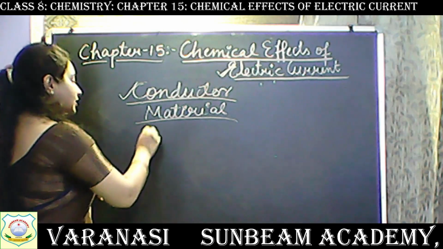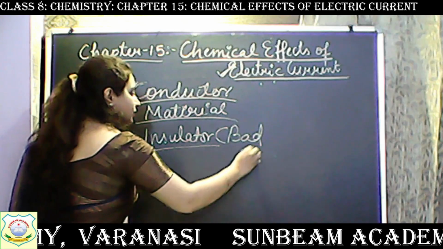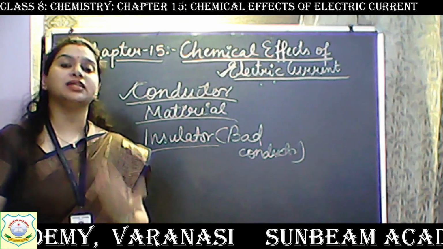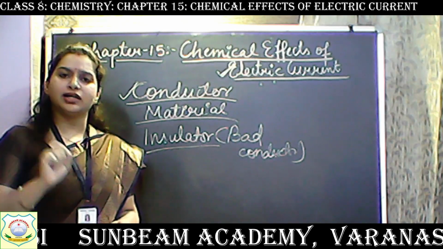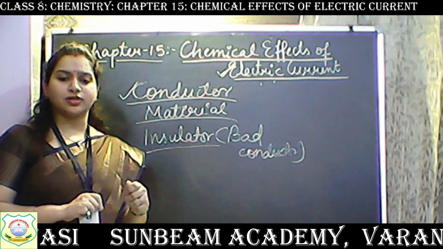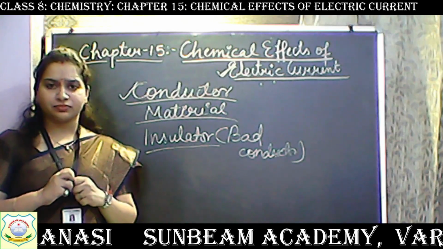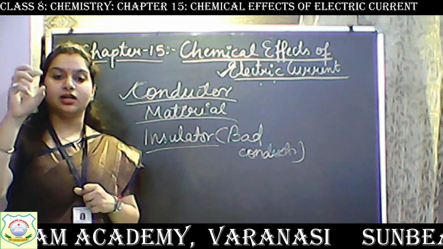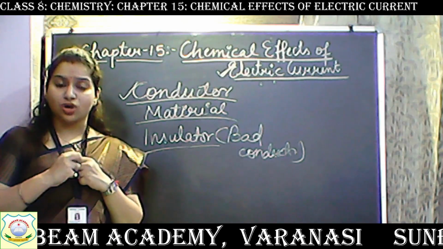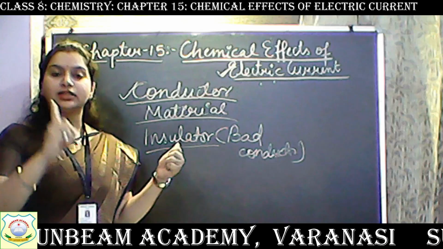Okay, what is an insulator? Insulators are bad conductors. Such substances or materials cannot pass electricity, like when we touch a switch board we do not get a current, because it is made up of an insulator. If we touch a wood appliance through which electricity is passing, we do not get a current. Yes, we don't get an electric shock. But if we touch any metal directly, and electric current is passing through it, then we can get an electric shock. So there are two types of materials basically, conductor and insulator.